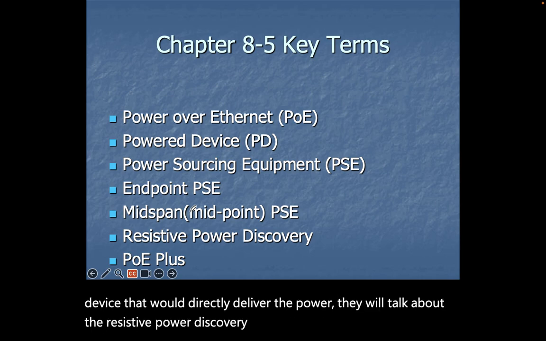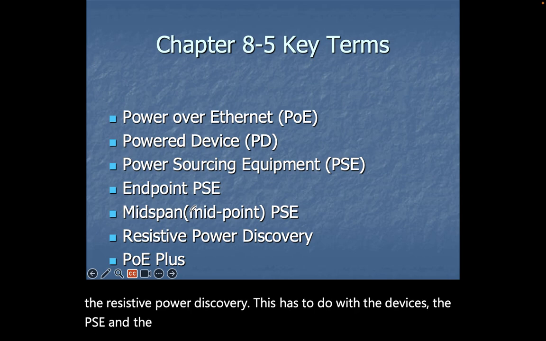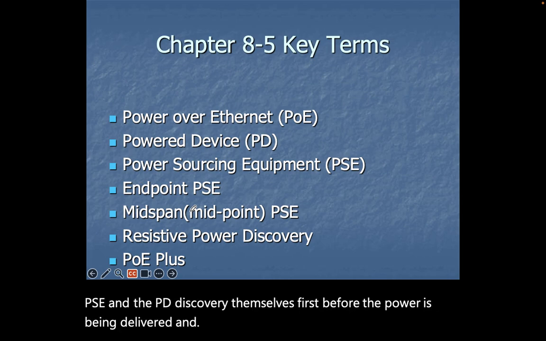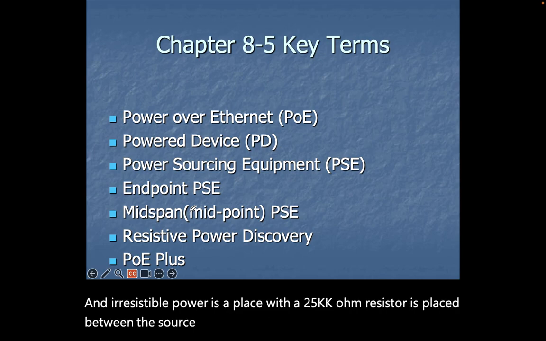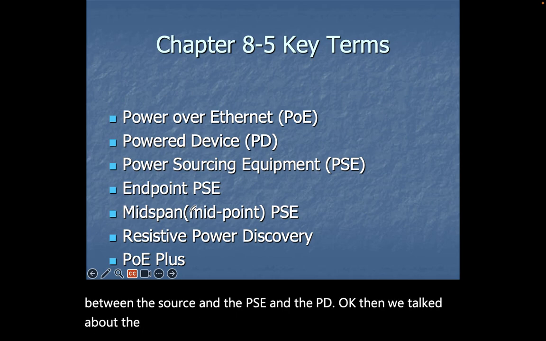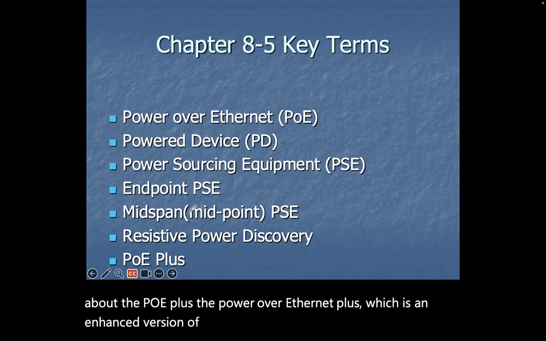This has to do with the PSE and the PD discovering themselves first before the power is delivered, and a 25 kilo ohm resistor is placed between the PSE and the PD. Then we talked about PoE Plus, which is an enhanced version of power over Ethernet.